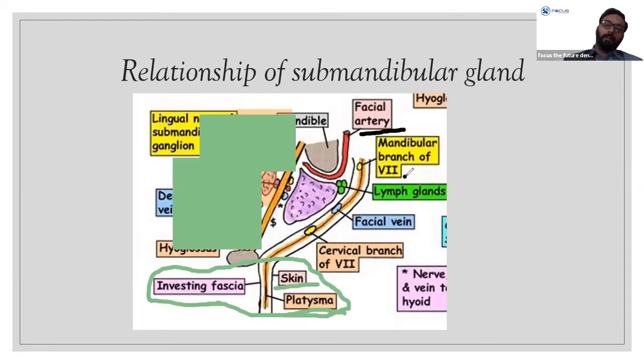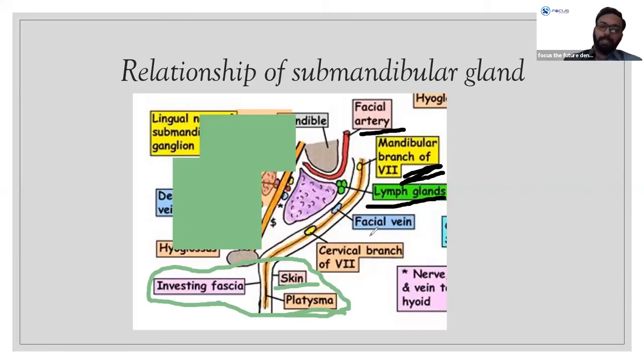Then the mandibular branch of the seventh nerve. Which is the seventh nerve? Facial nerve. Yes. Then you have lymph glands. We call them facial lymph glands. You have the facial lymph gland, which is very superficial, and you have the submandibular lymph nodes, which are very close to the submandibular gland.